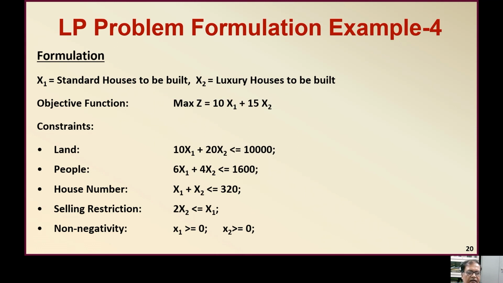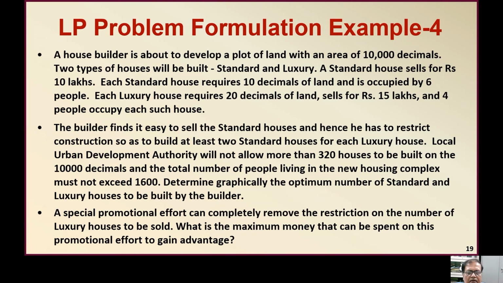Selling restriction: supposing x1 is the total number of standard houses, that should be more than 2 times the luxury houses. So read it very carefully, there should be at least 2 standard houses for each luxury house.